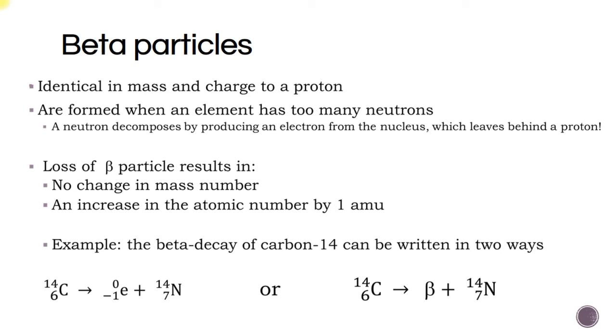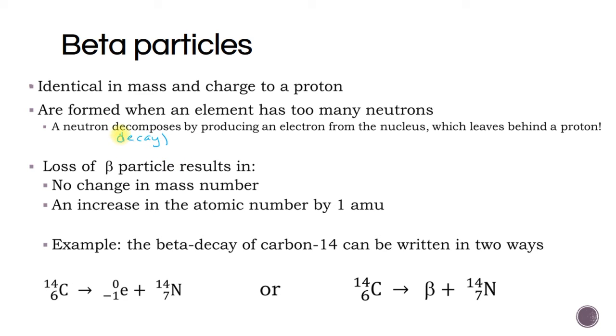All right, so now if we have beta particles involved, what's interesting is they have the exact same mass as a proton, right? A proton has a mass of 1. Basically what happens is a neutron is decomposing, which is another way of saying decay.